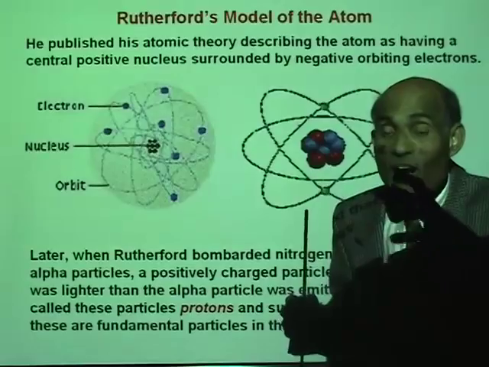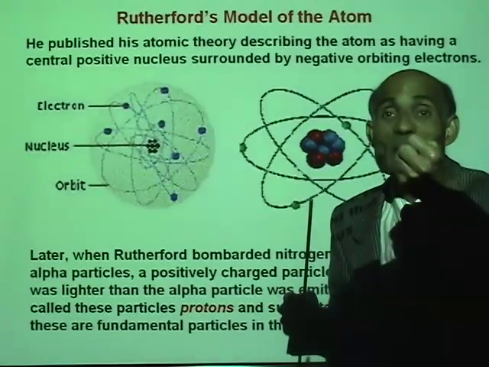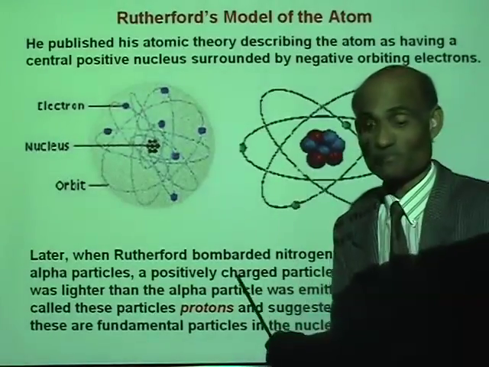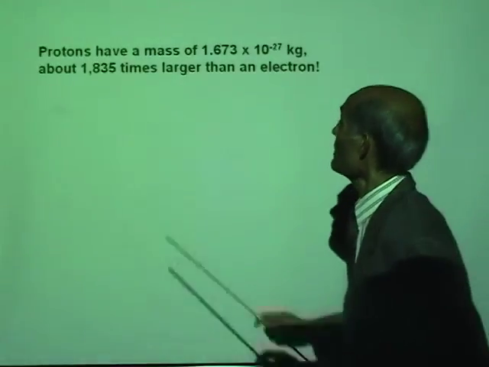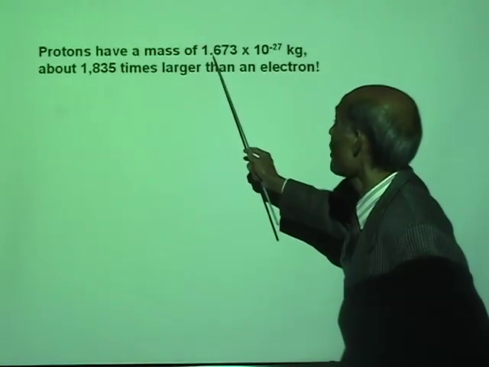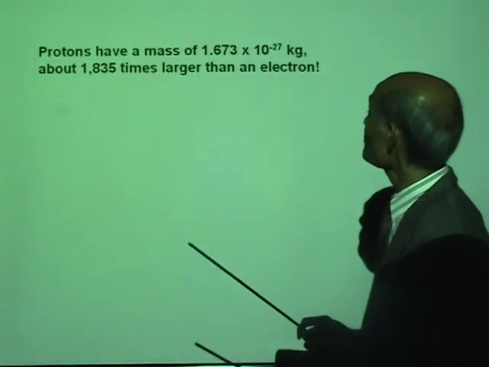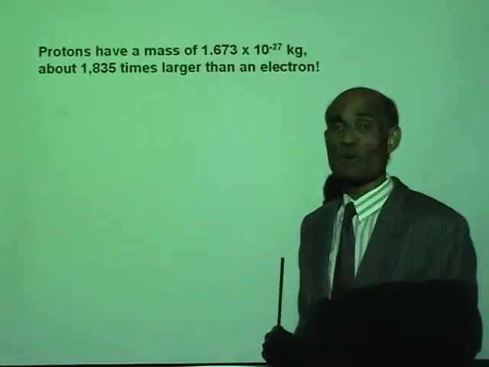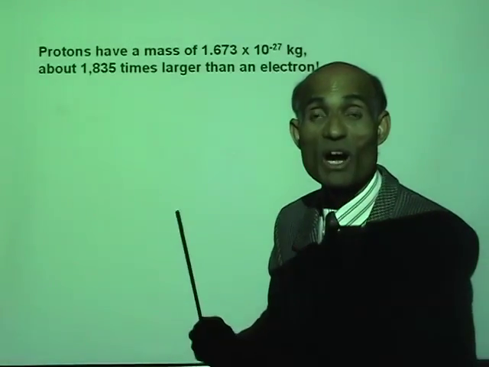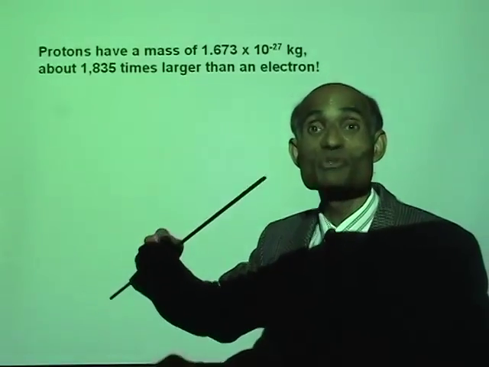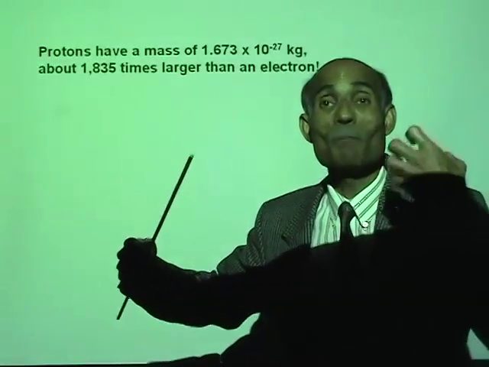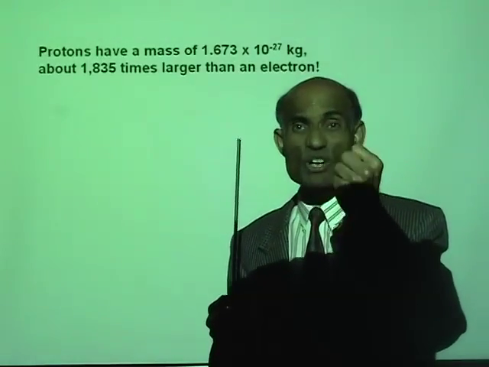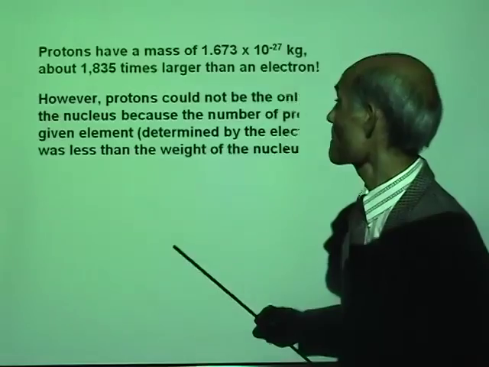The electric charge of the nucleus is made up of the charge carried by protons, which are positive. Alright. Now protons have a mass of 1.673 times 10 to the negative 27 kilogram. In fact, protons are almost 2,000 times more massive than electrons. So compared with protons, electrons are very light.